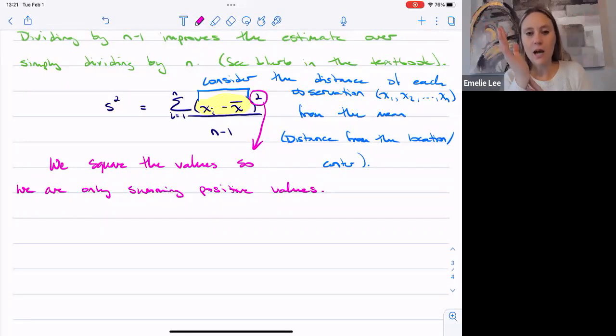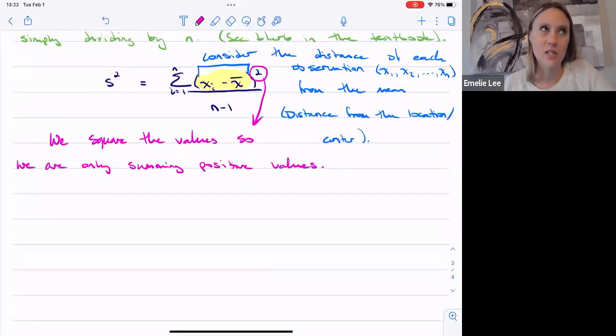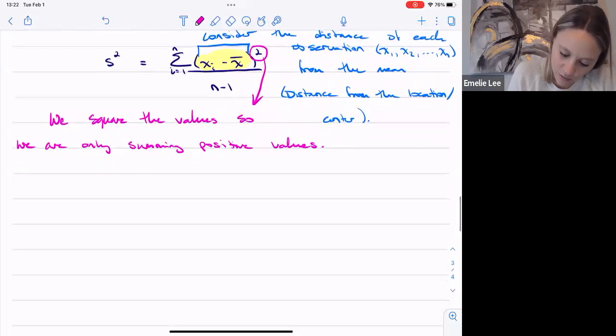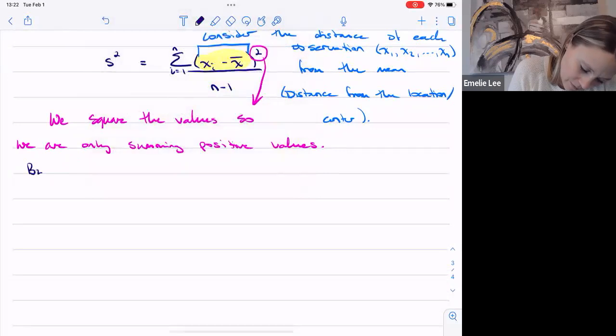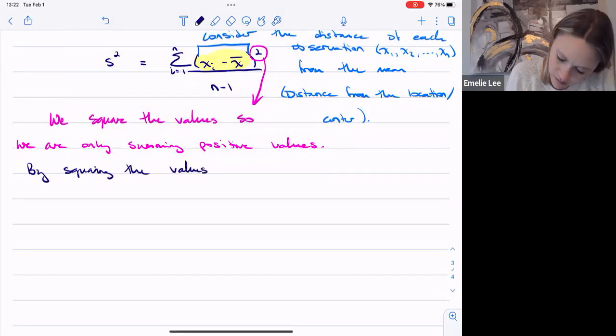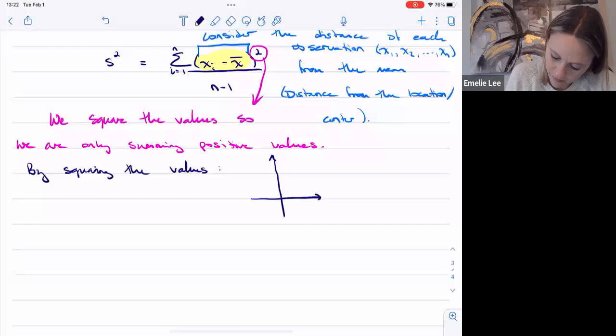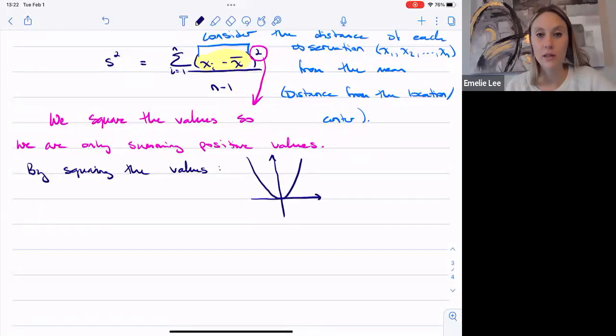And we can talk about positives and negatives, but by squaring the values, we get this kind of shape, which should be familiar as a parabola.